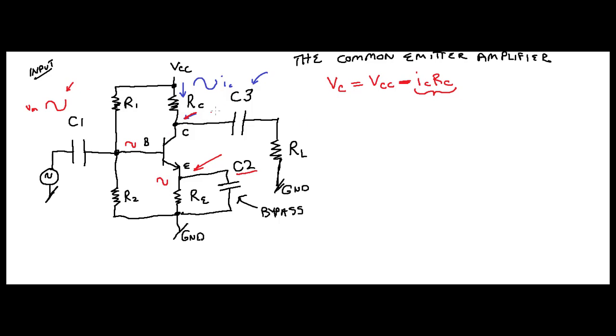This means now that your voltage is going to look something like this, instead of this, that's your current, and instead of this one, which is your input voltage. So you notice this is 180 degrees out of phase with the input.